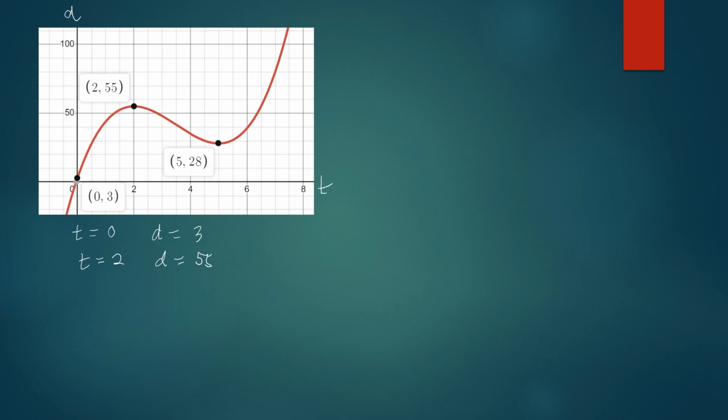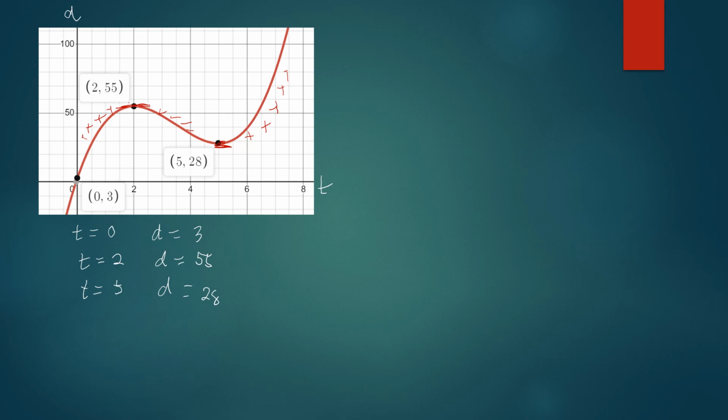So it's moving forward, but once we reach this part going up, there is a change in direction. So we are moving up here, now we are moving down. At time 5, we reach this point, which is equal to 28. And again, from here, we begin changing direction, and we ascend.